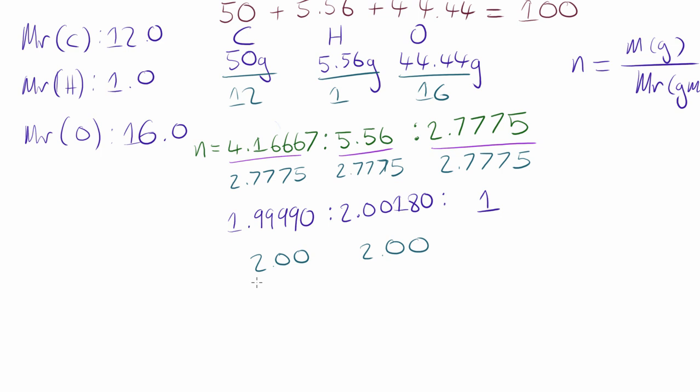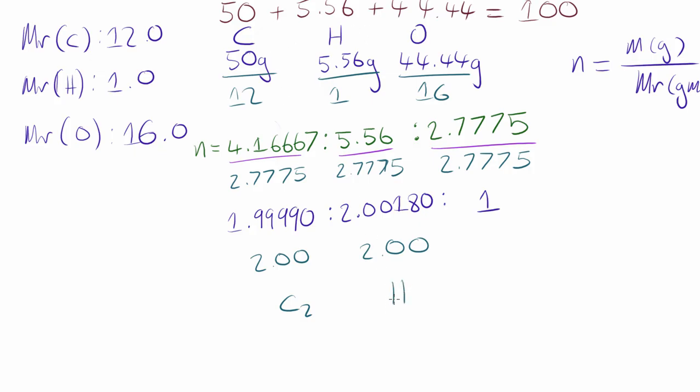So if you divided 2 by 2, you might get 1, but the problem would then be that dividing the 1 by the same, which you would have to do, is going to give you 0.5, and then you don't have a whole number ratio. So anyway, this would be C2.